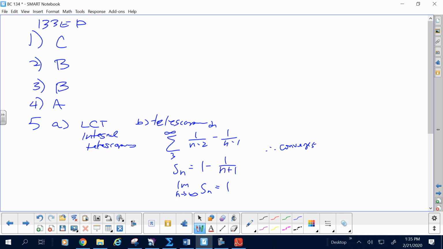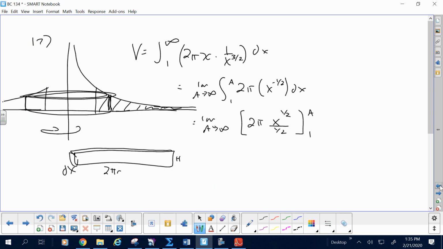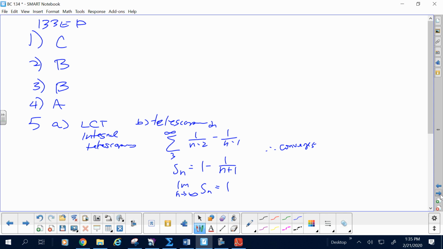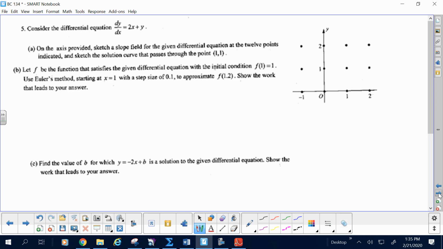Okay, on the back side, I should have graphed this earlier. A was the slope field. Do you feel confident with your slopes? You had maybe negative slopes over here, like that, yeah? And this slope was 2, and this slope was 1, and steepest, very steep, very steep, very steep.